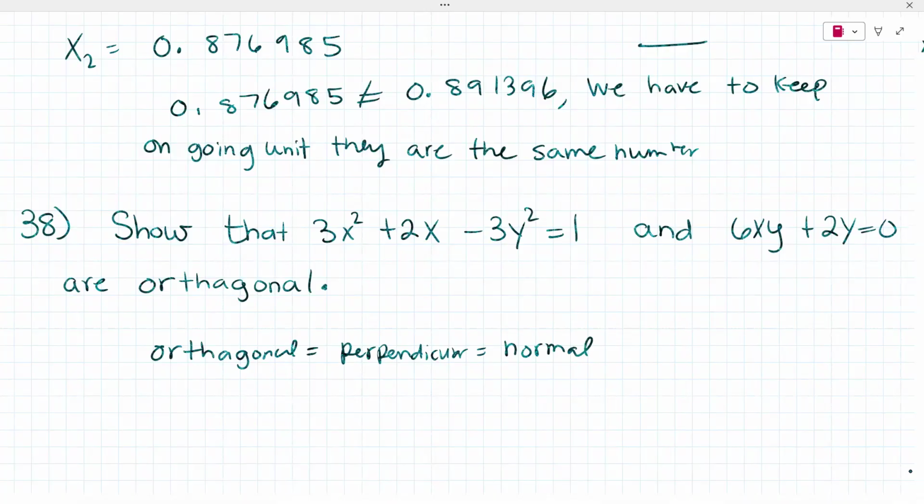And then perpendicular can also mean negative reciprocal. Okay. So how do we do this?